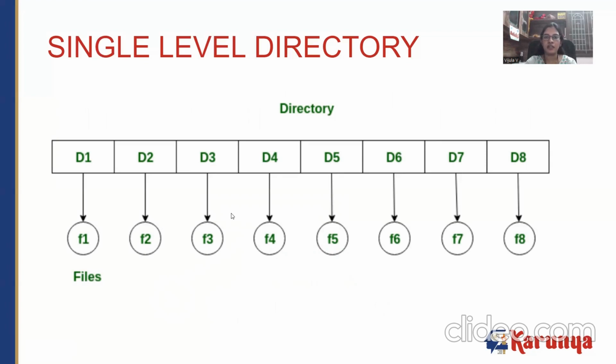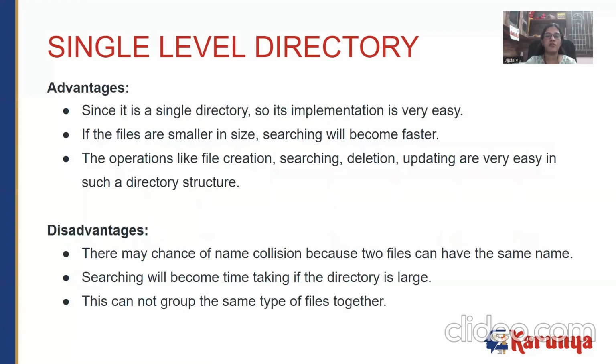We have different directories and each directory has its own files. So coming to the advantages and disadvantages of a single level directory. Since it is a single directory, its implementation is very easy, because we store all the files under a single directory.